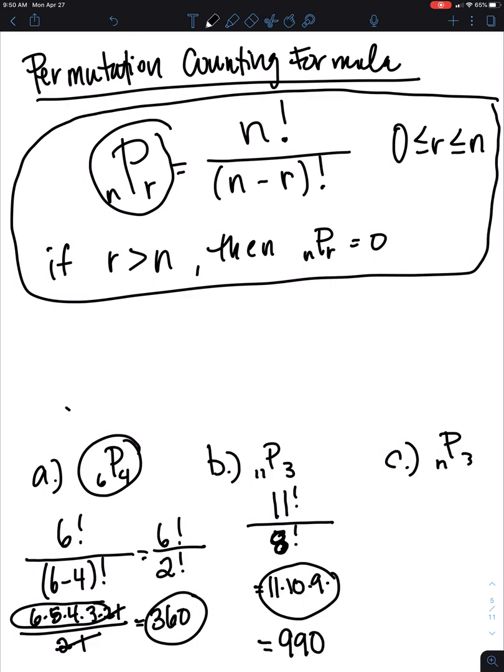Now, I find this interesting, and I'm going to show you. See this number 4 right here? How many numbers did I actually multiply together if I multiply this out? 6 times 5 times 4 times 3. That's 4 numbers. This is why I knew I did my math wrong, because I know how many numbers I need to have here: 11 times 10 times 9. Notice I was writing a multiplication sign and thought, that doesn't make sense. So I knew I had done my math wrong right here.